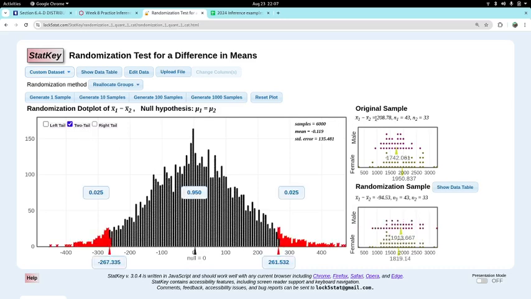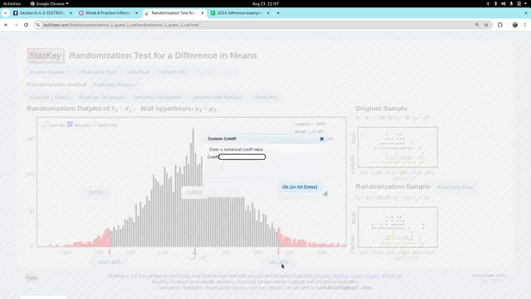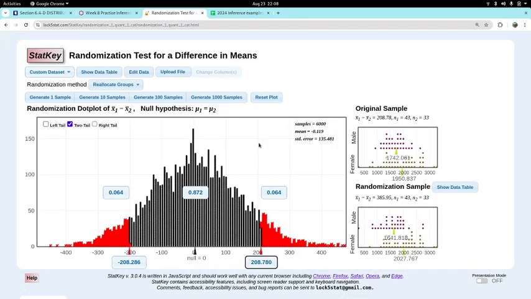And my difference in means is positive, so I'm going to go to the right side at the bottom and enter that value of 208.78. And StatKey in this randomization gives me a p-value of 0.064 plus 0.064, which is 12.8% combined.